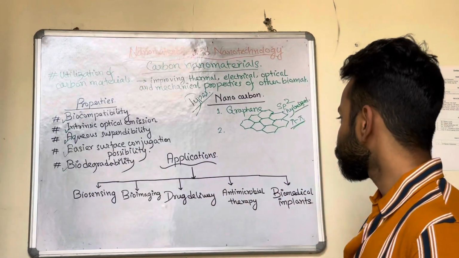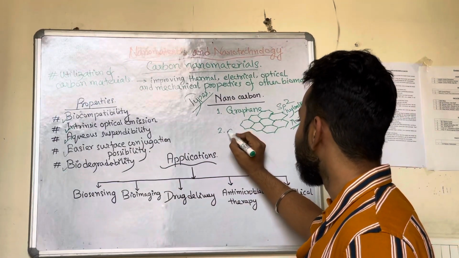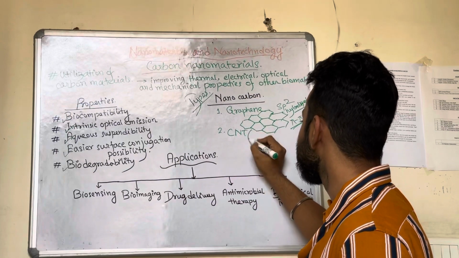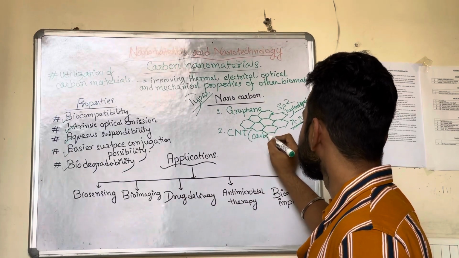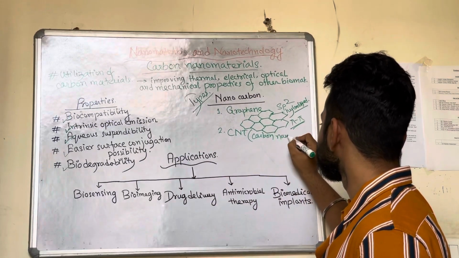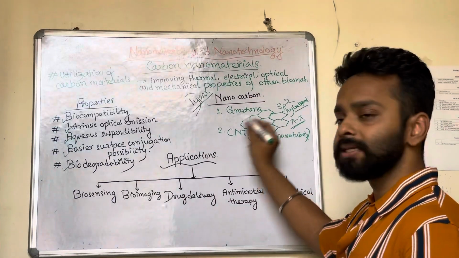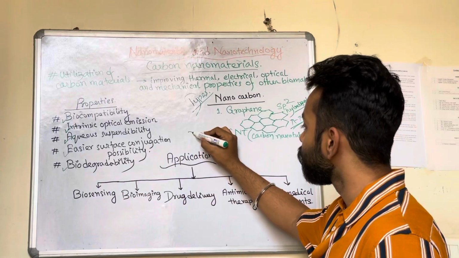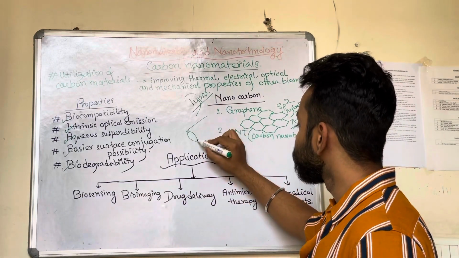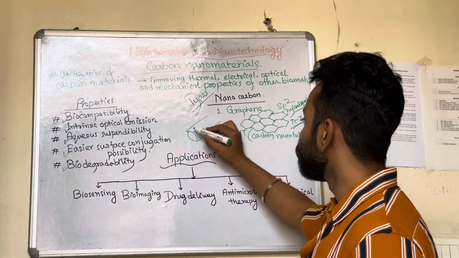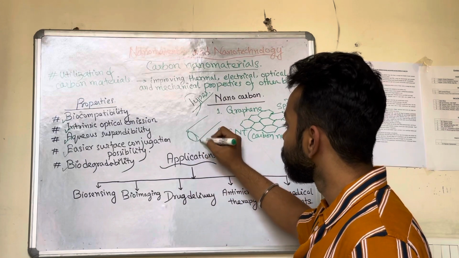Second one is the carbon nanotubes or CNTs. This is essentially a graphene-like structure, but it is rolled in the form of a tube, a single-walled tube.